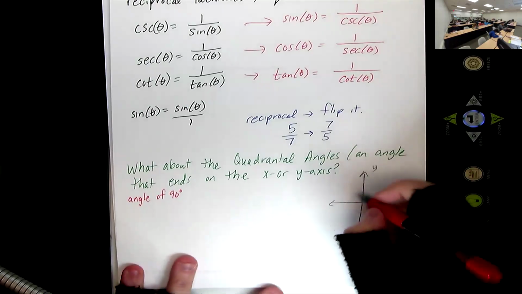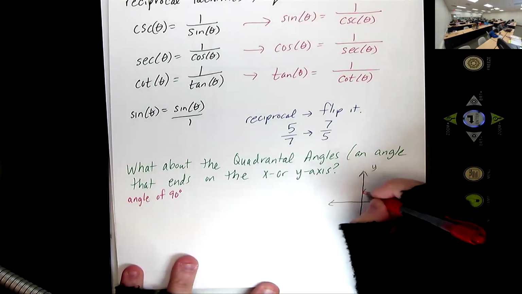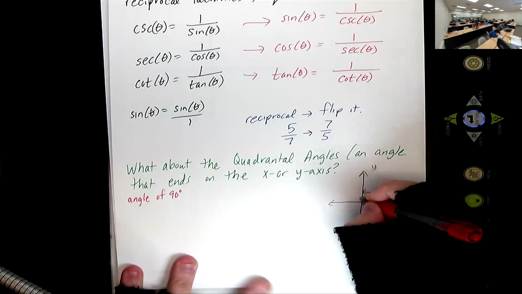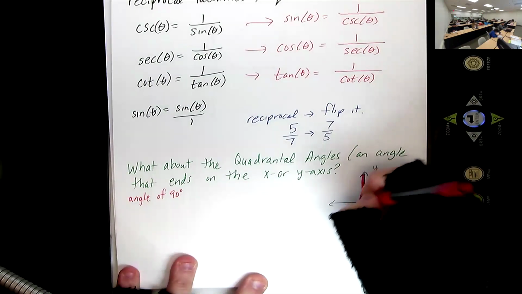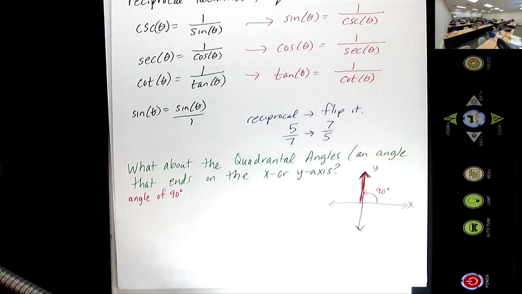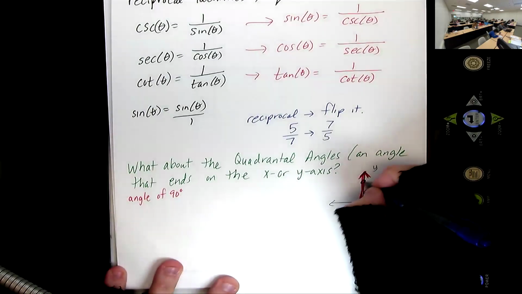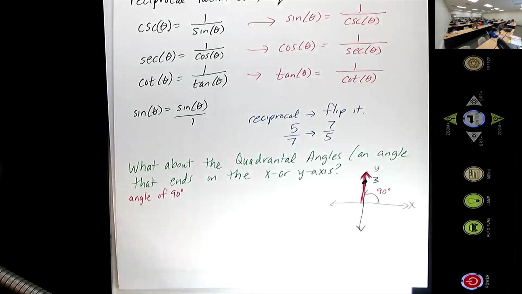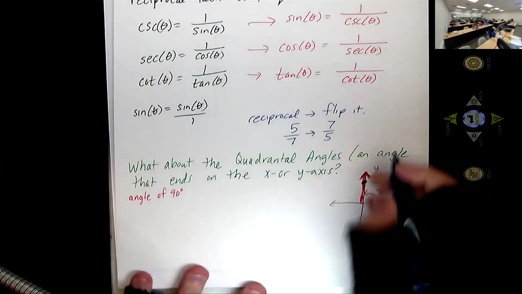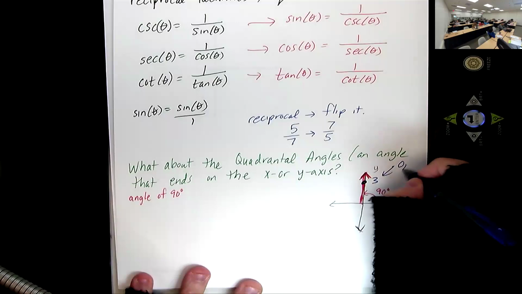Remember, we always start at the x-axis. 90 degrees puts us on the y-axis. Remember, any triangle, it doesn't matter which size, we can always simplify it. I'm going to say we're going out a distance of 3 here, and you'll see it results in the same thing as a 1. So that point right there is (0, 3).